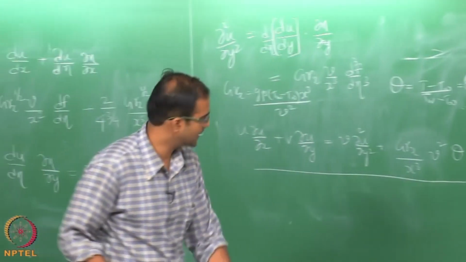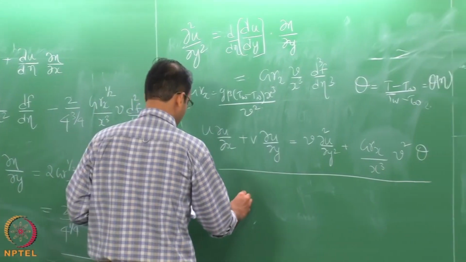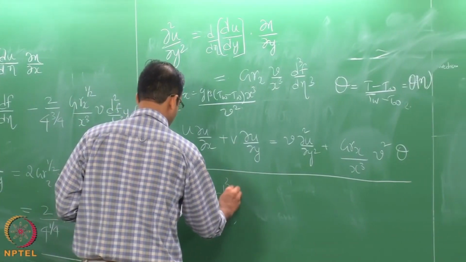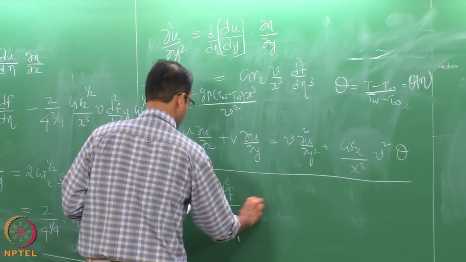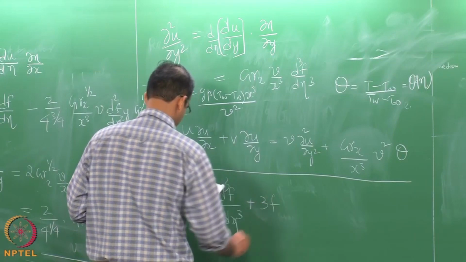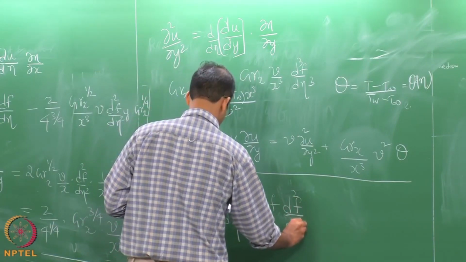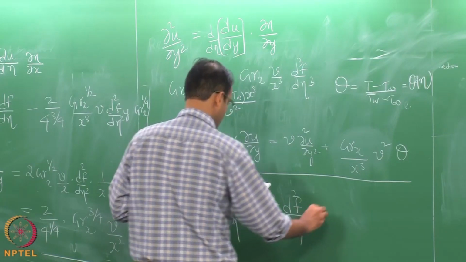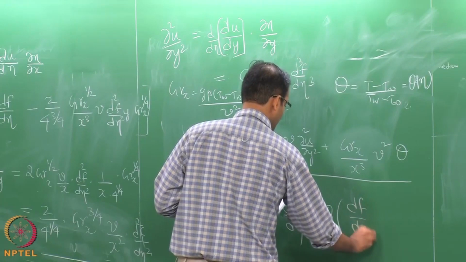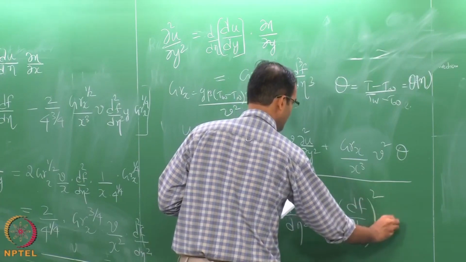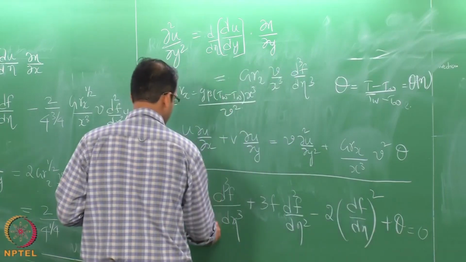So, I will give you the final similarity equation here. This comes out to be d cube f by d eta cube plus 3 times f into d square f by d eta square minus twice df by d eta whole square plus theta equal to 0.